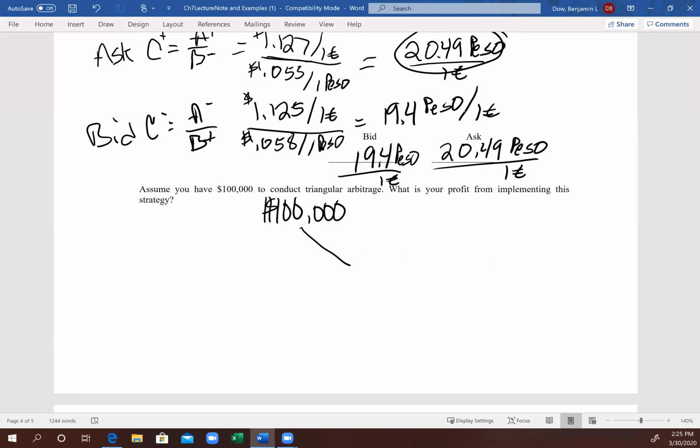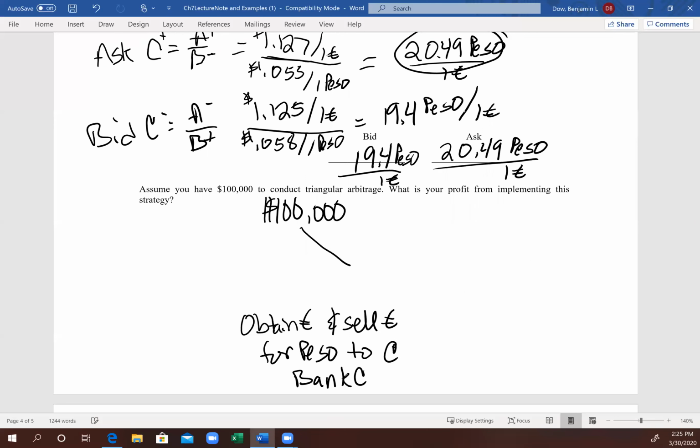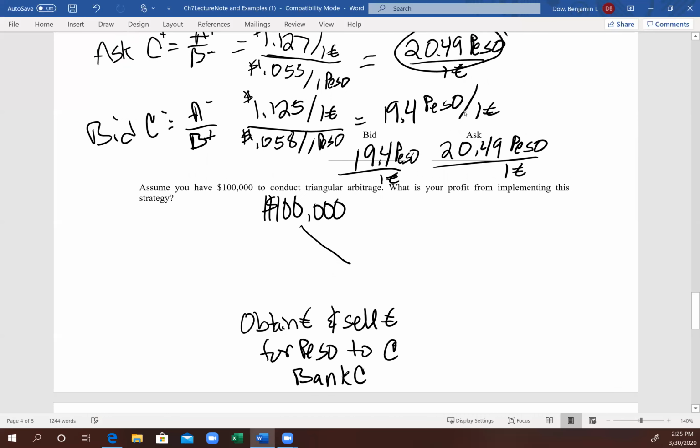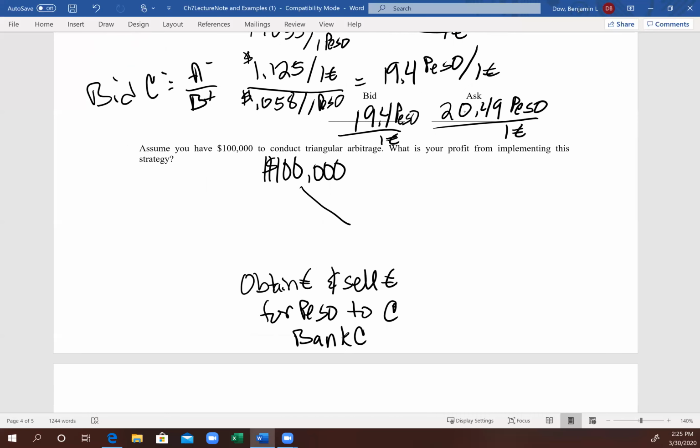We want to obtain euros and sell euros for pesos to Bank C at their generous offer of 21 pesos per euro.